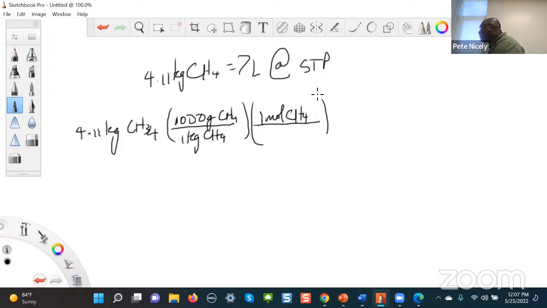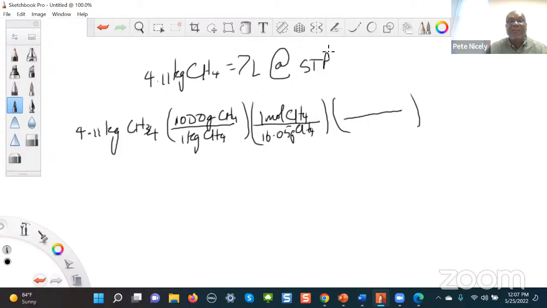So in the case of methane, which is CH4, the molar mass would be 16.05 grams. And then the next conversion factor is where the STP conditions would play an important role, because remember we said that under STP conditions, 1 mole of any gas will have a volume of 22.4 liters.